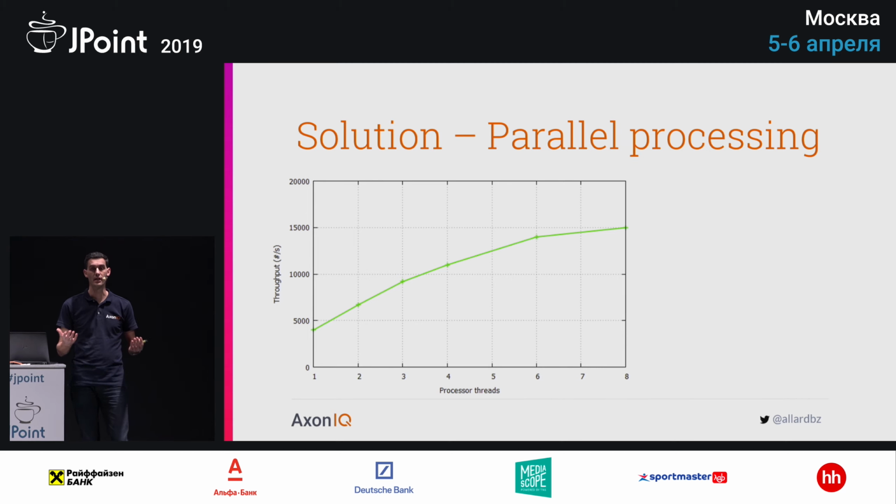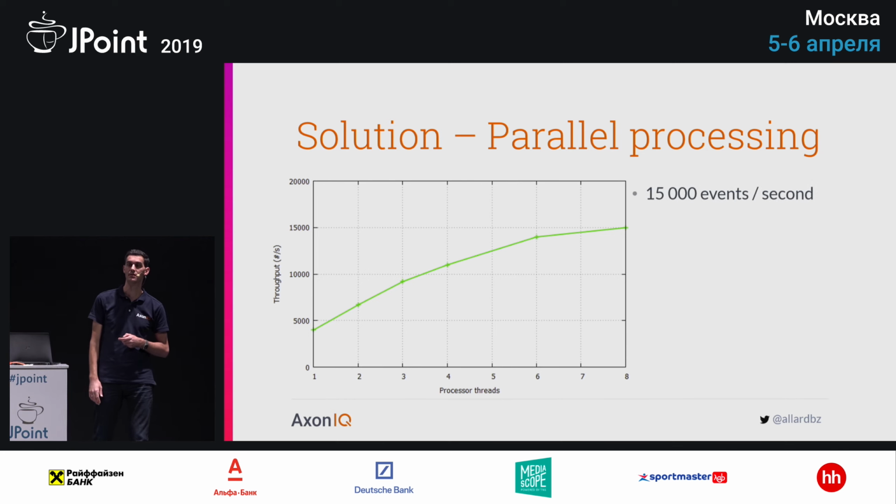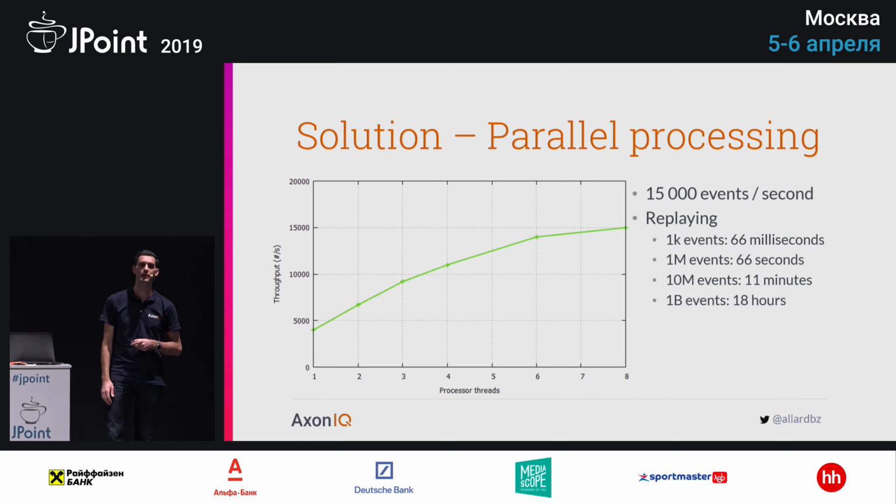So that's nice. So we can have 8 threads in parallel, process our events, and then let's see what happens. Well, you can see what happens. We go up to 15,000. So we went from 250 to 4,000, and now we're at 15,000. That's a pretty big difference just by changing a properties file or a YAML file or whatever you prefer.